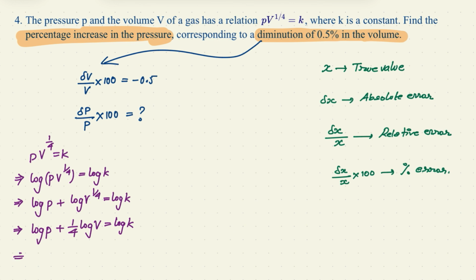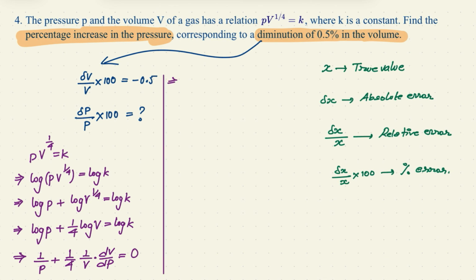Now we will differentiate this equation both sides with respect to P. So d by dP of log P is 1 by P plus 1 by 4 d by dP of log V is 1 over V into dV over dP equals to, since K is constant, d by dP of log K will also be 0.